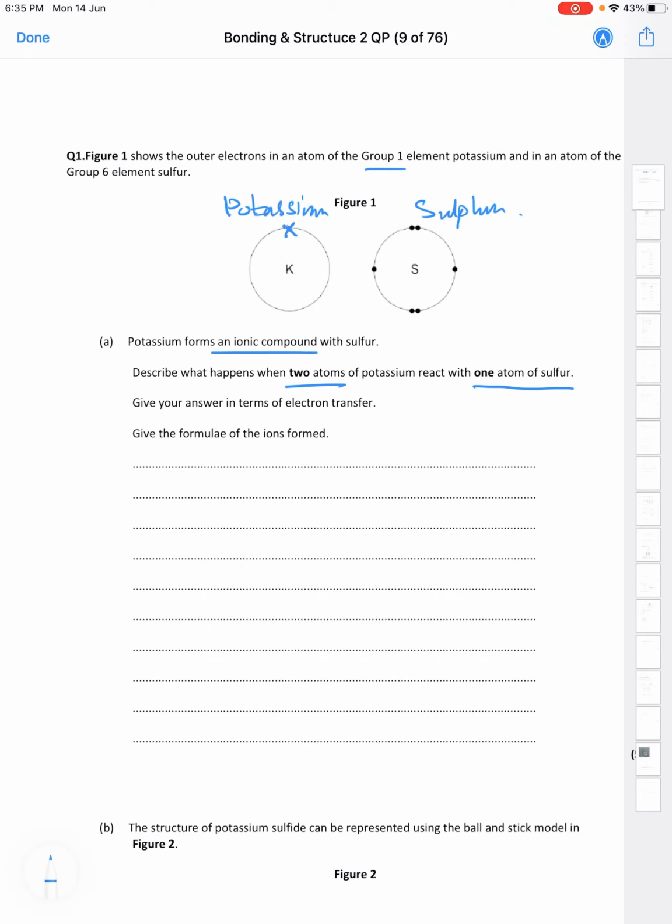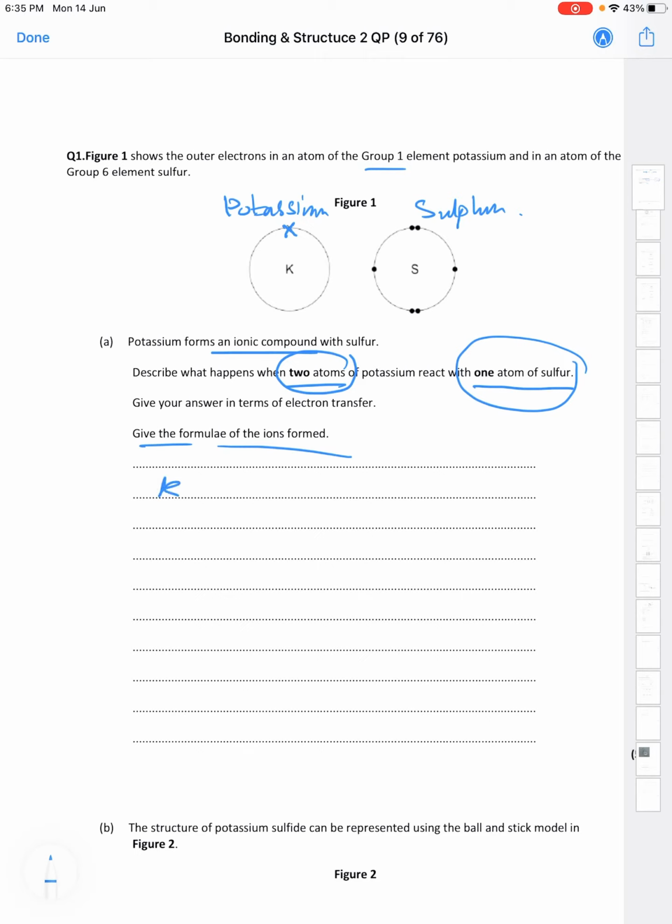And initially, this is exactly the same as the example that I shared with you today. Remember, the sodium oxide, it's typically the same. So why are there 2 atoms of potassium reacting with 1 atom of sulfur? And give the formula of the ions formed. So this is exactly the case that I shared in the final example.